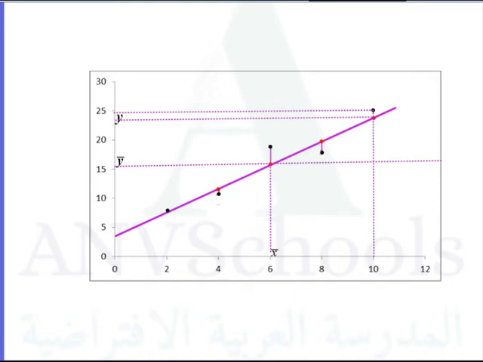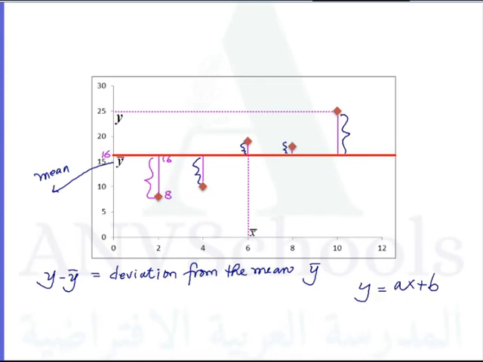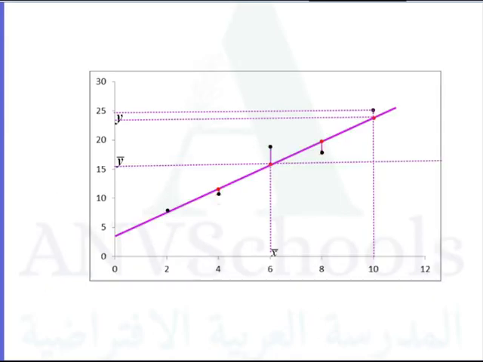Okay, so we drew this line, the violet line here. Okay, so if we take a slant line instead of the horizontal line here, now we could see that the deviation from this line became smaller. Okay, and we call these deviations, not deviation.